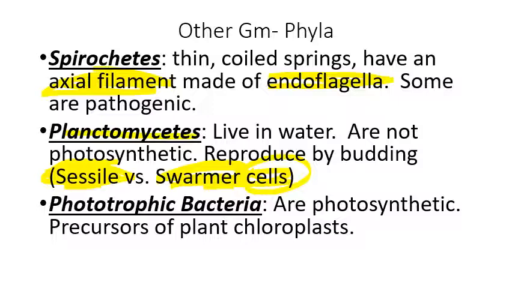Okay, and then finally, we do have some bacteria that are called the phototrophic bacteria, and they are actually photosynthetic. They are capable of carrying out photosynthesis, harvesting energy from the sun and using it to build glucose. We believe that these phototrophic bacteria were the original ancestors of chloroplasts in plants.